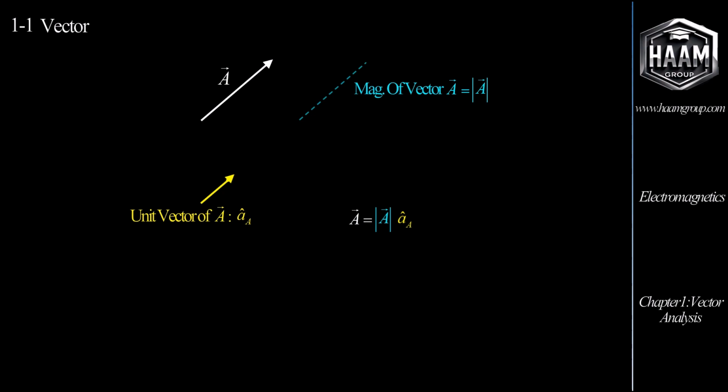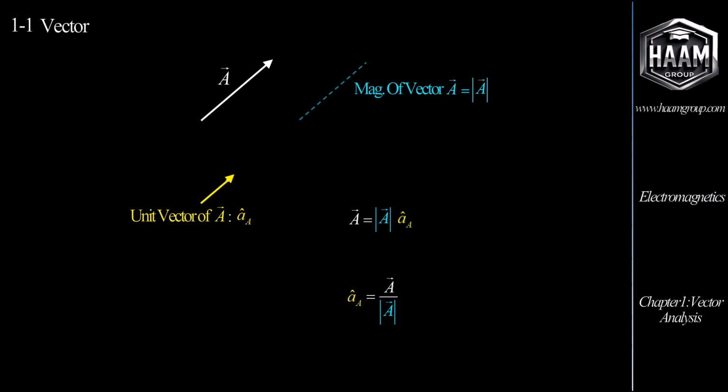Now, if we rearrange this equation to solve for the unit vector, we obtain A-hat equals A divided by |A|.